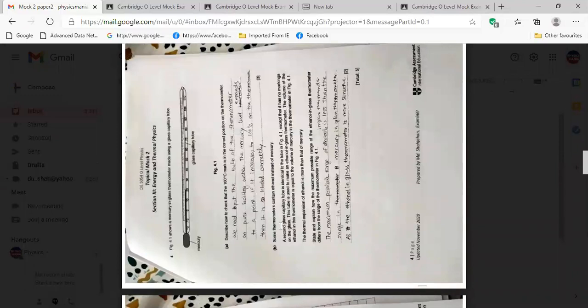Sir, while making the PDF, it automatically rotates. What can I do? Not during the PDF. When you are taking the snap, you will see it's coming like that. When you take the snap, each photo you take comes either perpendicular or horizontal. If it is coming horizontal like this, then you take another snap of that.